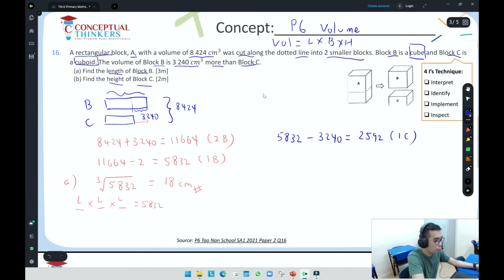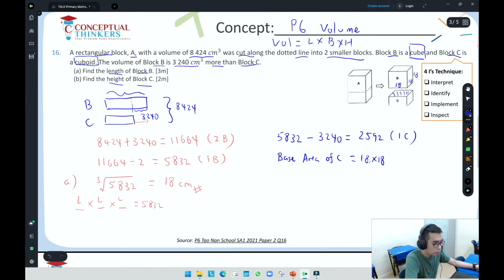Now from this diagram here, we know that the base area of block C is the same as the base area of block B. So we can calculate the base area. Base area of C will be equal to length times length, so 18 times 18, because this is actually 18 by 18 by 18.